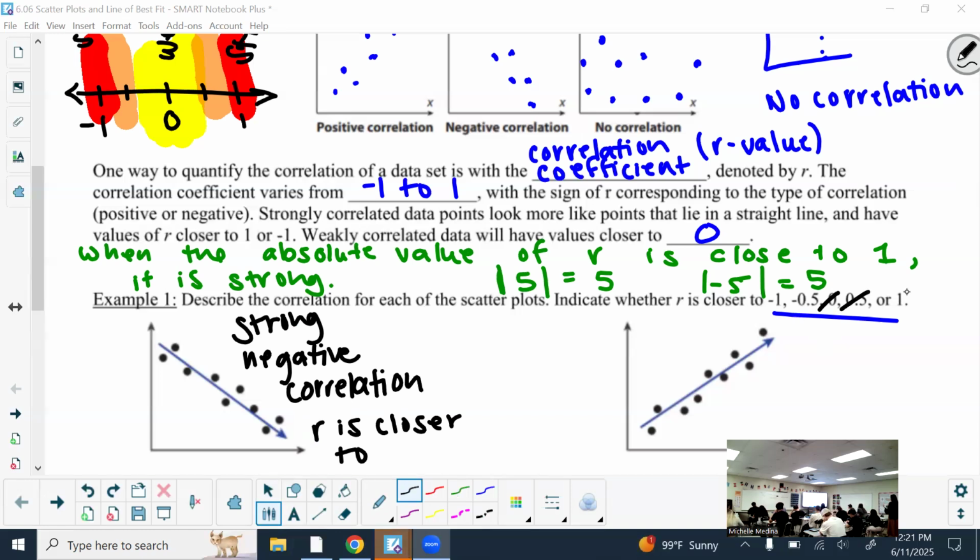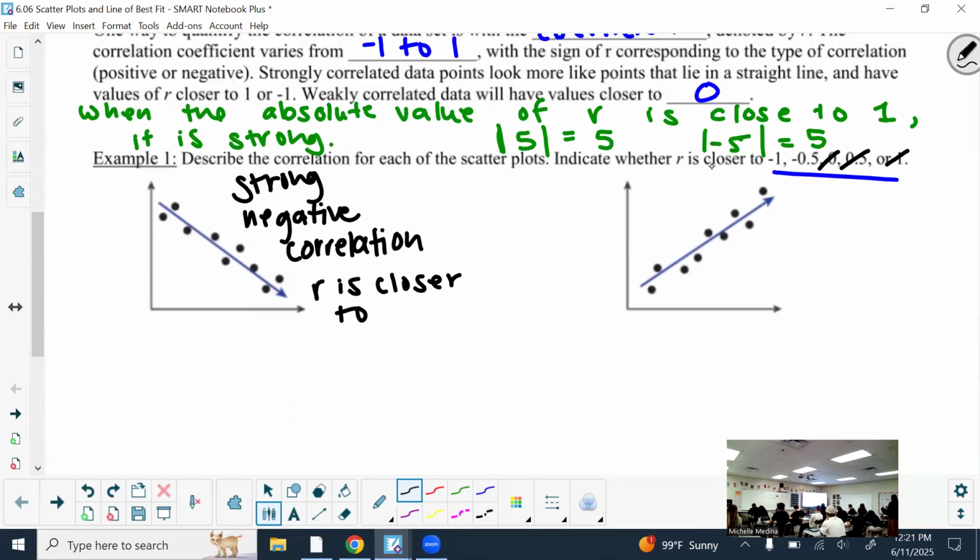So now we're 50-50, knowing that -1 is the strongest. -0.5 is in the middle between weak and strong. If you have to guess, would you say this one is closer to -1 or -0.5? It's not labeled, so I couldn't tell you exactly, but just for how close it is to the line, closer to -1 is what I would go with. As long as you're definitely not saying these other 3, because it cannot be those if it's going down.